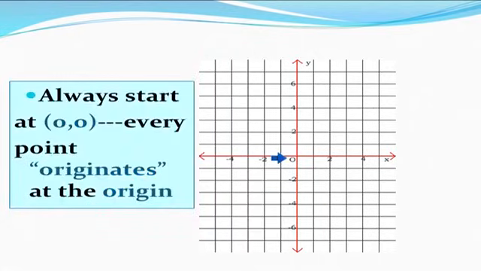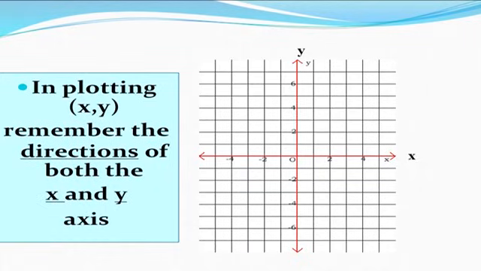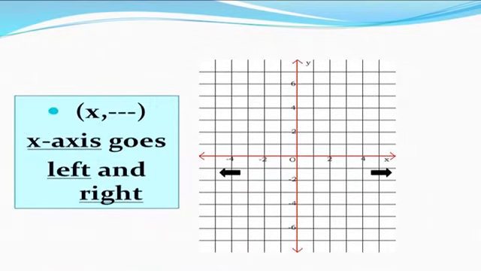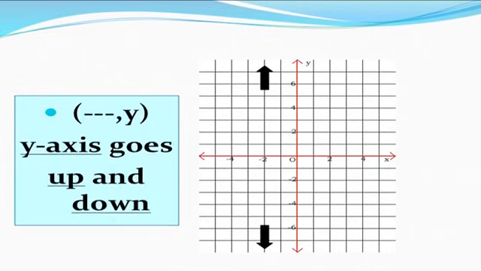When finding the coordinates or locating or plotting any point, we always start from 0, 0, or say we start at the origin. In plotting (x, y), remember the directions of both the x and y axis. The x axis goes left and right on the horizontal axis and the y axis goes above or below the origin.